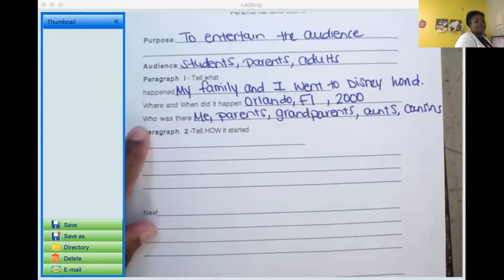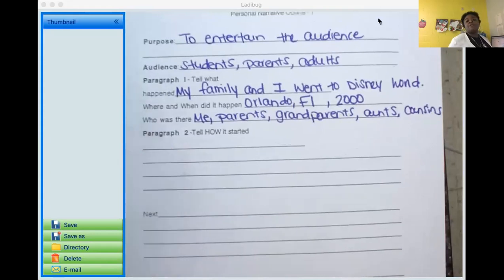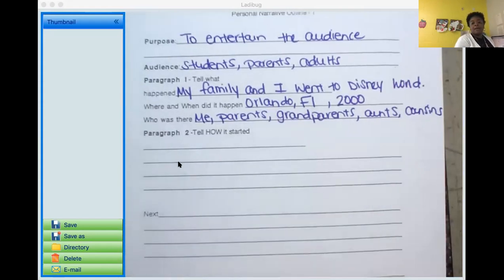Okay, so for paragraph 2, we are going to talk about how it started. When we're talking about it, we're talking about the actual event, okay? So maybe I will write, and I'm going to start writing in complete sentences here, okay?